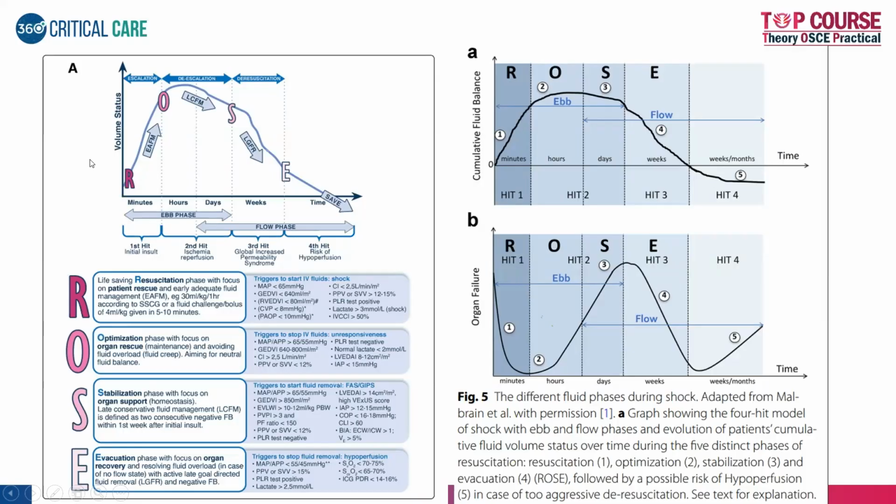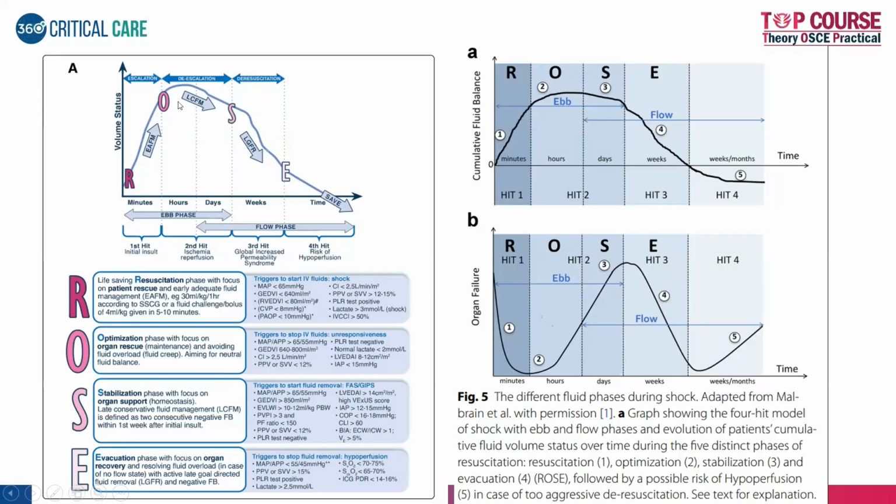Okay, once this has happened, then we go into the stage of optimization. So I told you this is minutes, then we come into hours. Okay, that is your O, or your optimization phase, which focuses mainly on maintenance fluids. Okay, majorly we have to avoid fluid creep like we saw in Burns as well. Okay, so the aim is to achieve a neutral balance between day 1 and day 3.